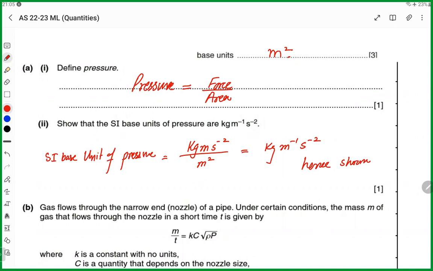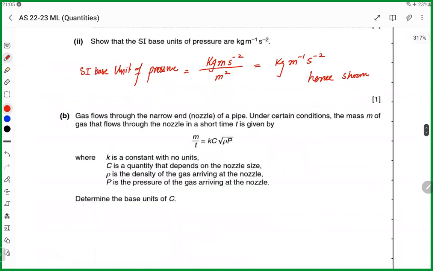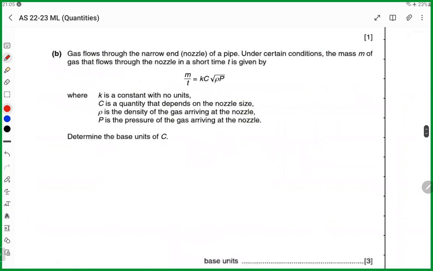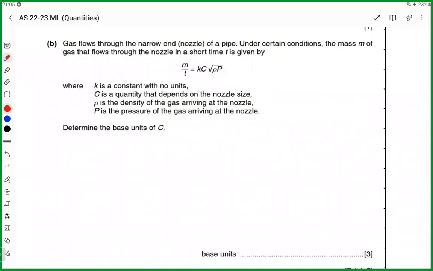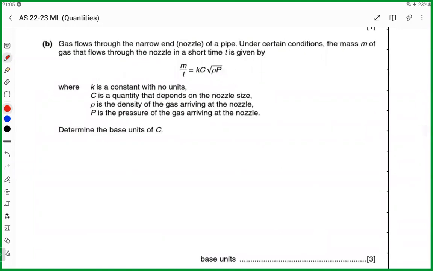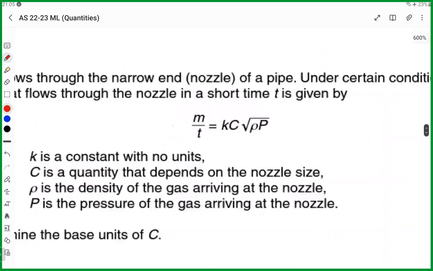Now, gas flows through the nozzle, a narrow end nozzle of a pipe. Under certain conditions, the mass m of gas that flows through the nozzle in a short time t is given by, this is mass divided by time, k c rho p.